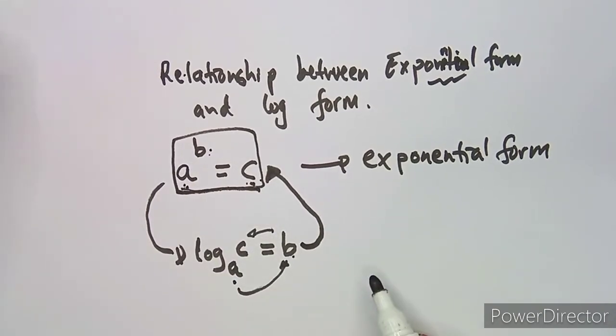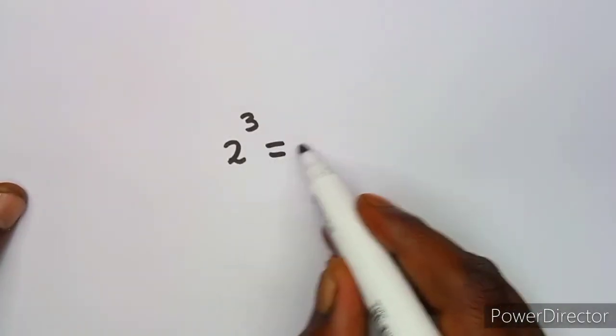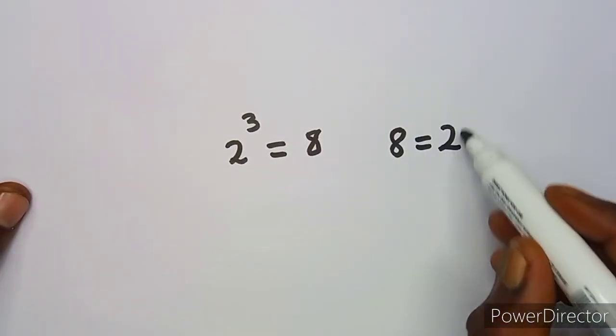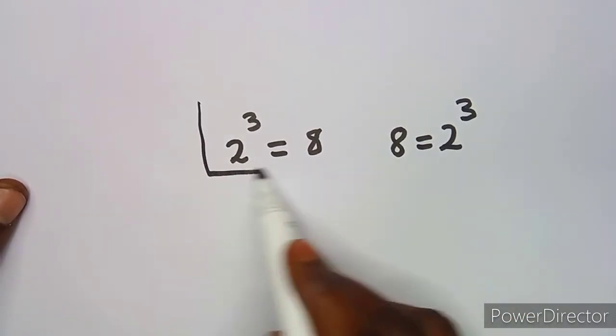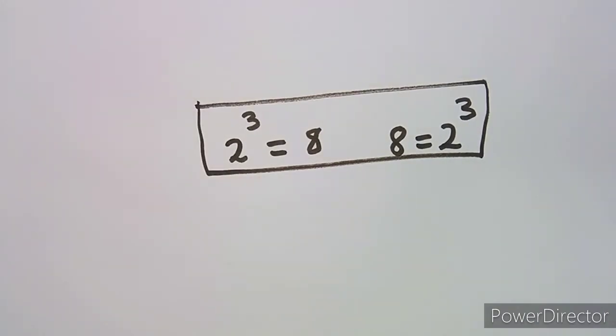What I'm simply saying, guys, is that 2 to the exponent of 3 is equal to 8, or 8 is equal to 2 to the exponent of 3, it's one and the same thing. This is an exponential way of indicating numbers. That is not a log form.